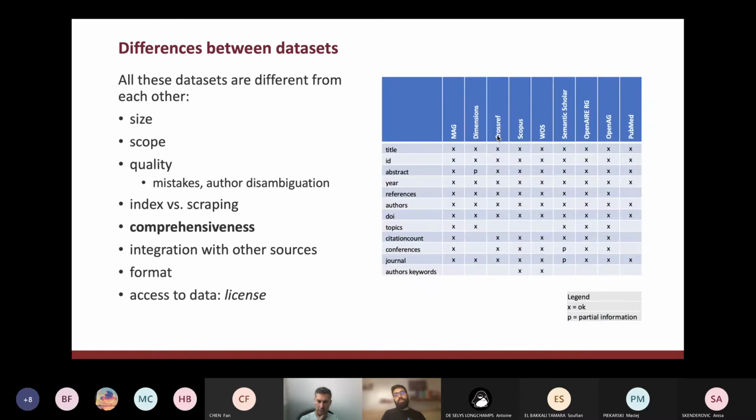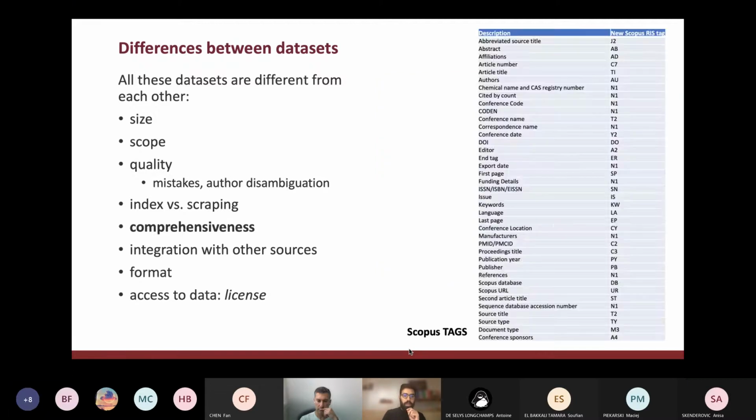So this analysis that I show here is just an analysis that can compare fairly all datasets on a bunch of information, but that list is not exhaustive. And this is the minimal list, but as soon as we start enlarging this, there are a lot of differences between each dataset, because each dataset tends to differentiate in terms of comprehensiveness.